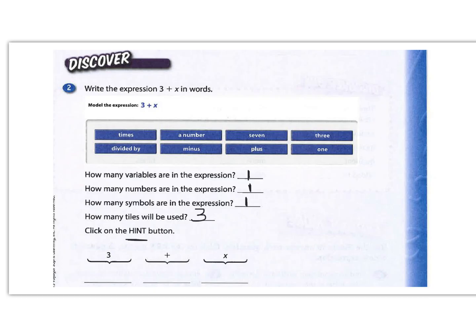If you need to use the hint button, you can. That's on your Gizmos. So if we're going to use these tiles right here, we would have to write in words. We would take this tile 3. So it would look like 3, but it would be this tile up here. And then plus, and then the x is a variable.